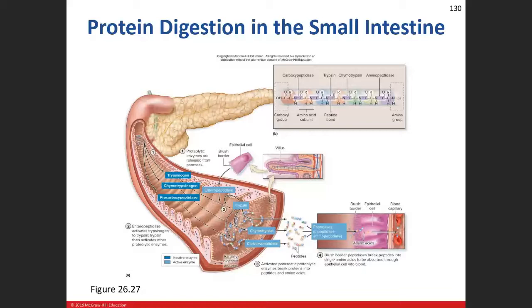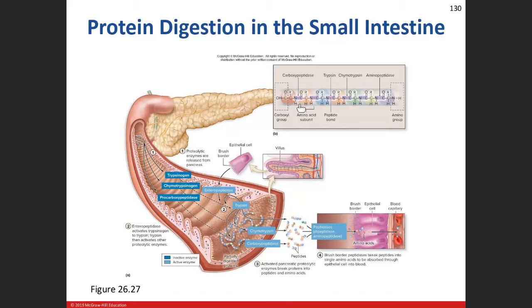So here is our peptide, and you can see trypsin and chymotrypsin will go along and break the peptide bonds at specific amino acids inside of our denatured protein or our oligopeptide. But you notice carboxypeptidase, here's the carboxyl group here. The amine group is down at this end here. It's going to specifically break the bond here between the carboxyl group and this amino acid.